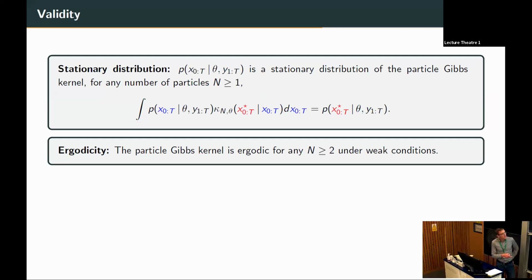For that, we require at least 2 particles, and the reason for this is intuitively that 1 particle is reserved for the reference trajectory. If we only have 1, then there's no chance of moving. But if we have at least 2, there is a chance that we switch to the other particle, and that allows the kernel to move and therefore be ergodic.